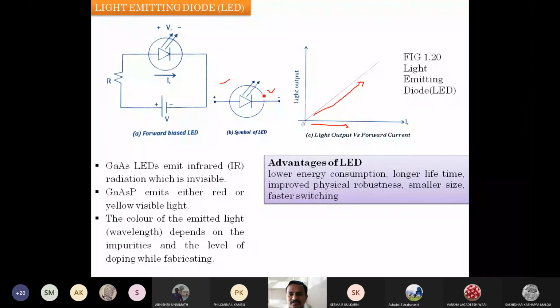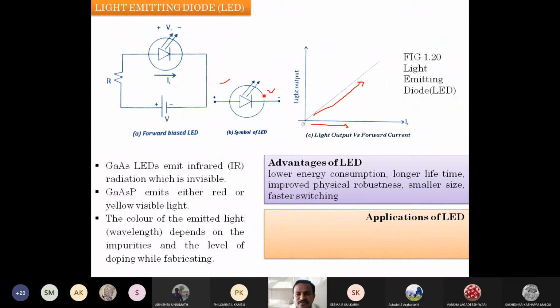In the previous class, at the end of the discussion, I told you to inform your parents about using LEDs instead of tube lights. So here are the advantages: lower energy consumption, longer lifetime, improved physical robustness, smaller size, and faster switching.